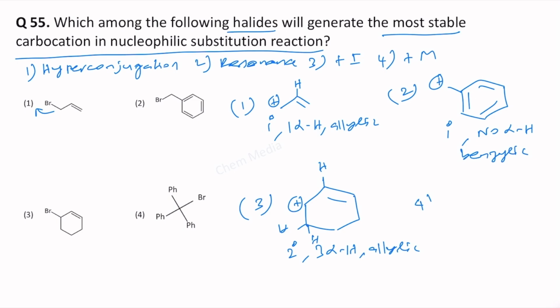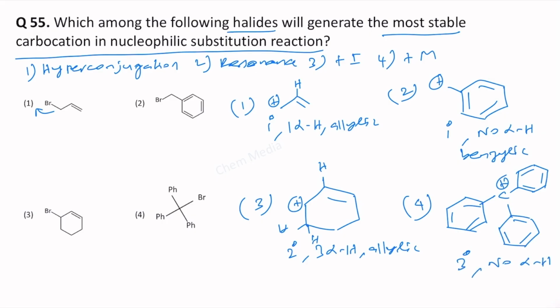In the case of 4, we will get a tertiary carbocation, but we have 3 phenyl rings. It is benzylic, but with 3 phenyl rings, this will be much more stable than all other carbocations. So, tertiary carbocation, no alpha hydrogens, but it is much more stable because of the resonance effect.